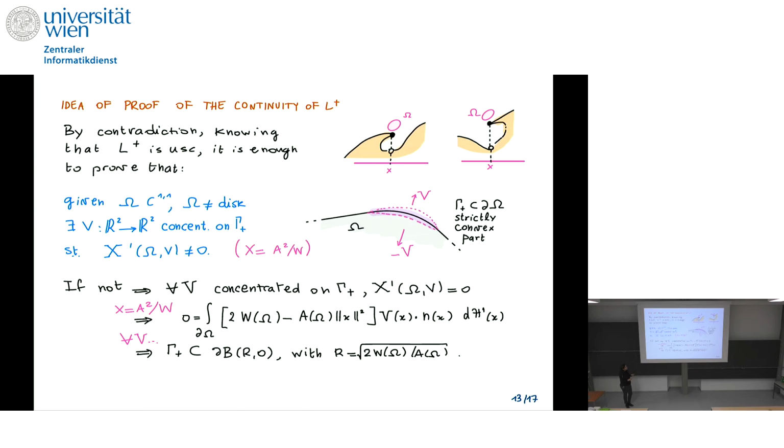So in other words, this norm of x squared has to be 2w divided by a to make this 0, and therefore it means that the strictly convex parts are contained in the boundary of the disk with a given radius, but not only. These parts are associated to a circle centered at the origin.